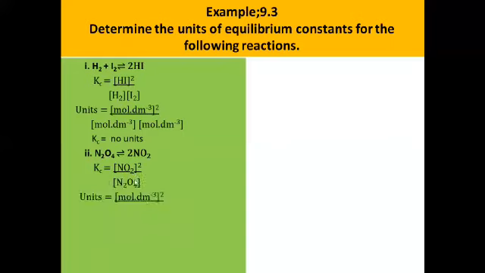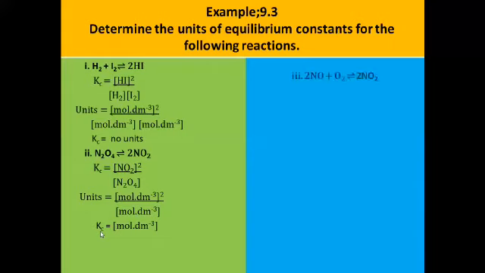The unit for the product is mole per decimeter cube with power 2, and for the reactant is mole per decimeter cube with power 1. No need to mention 1. These concentrations will cancel out, but still mole per decimeter cube is left. This mole per decimeter cube which is left in the numerator is the unit of Kc for the nitrogen tetraoxide decomposition.